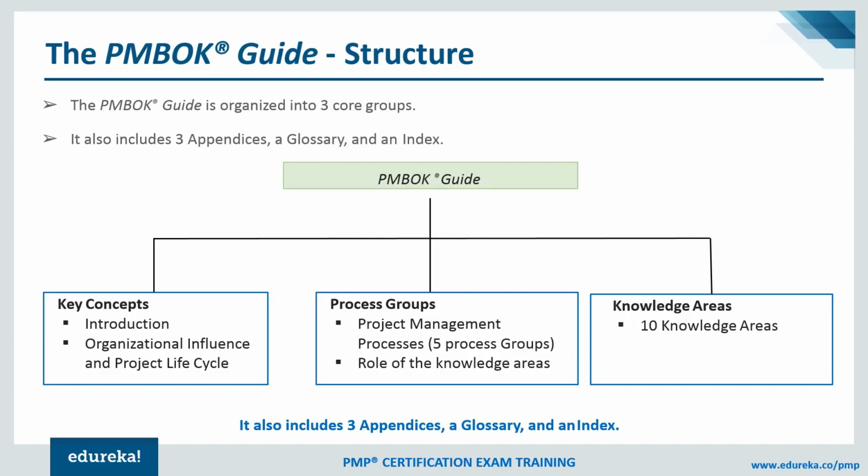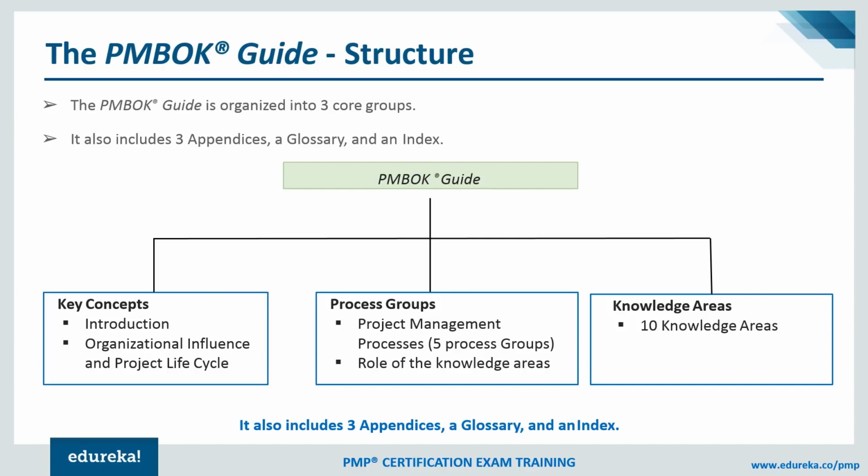We will also learn how these process groups, processes, and knowledge areas are mapped together. So apart from these 3 sections, it also includes 3 appendices, a glossary, and an index. Go through the glossary, index, and appendices. It's very useful, very informative.